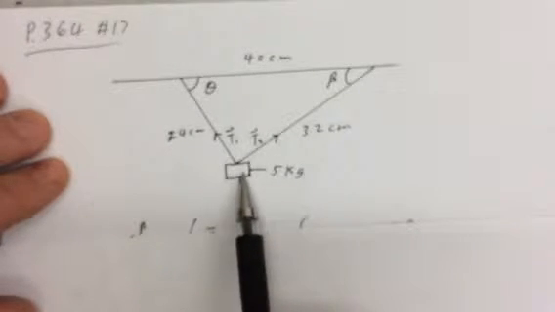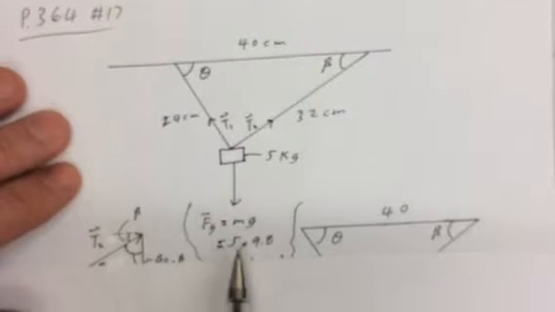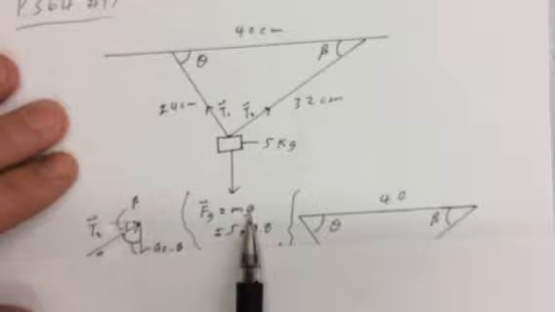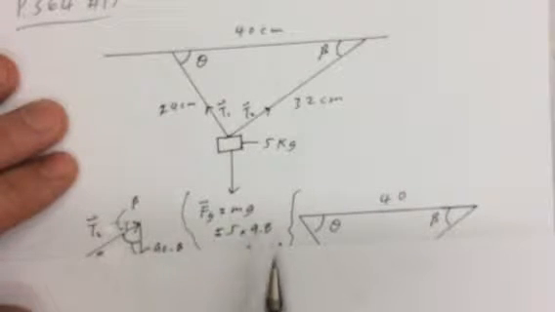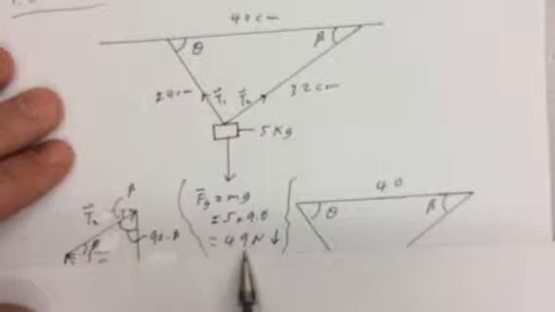Now that mass is going to exert a force straight down. That force is Fg, we're going to call it, which equals mg, mass times g, which is 9.8, and that gives us 49 newtons. Okay, so the force down by that mass is 49 newtons.